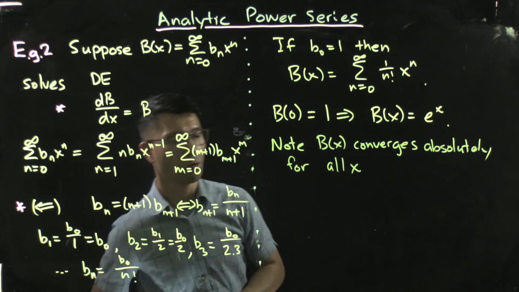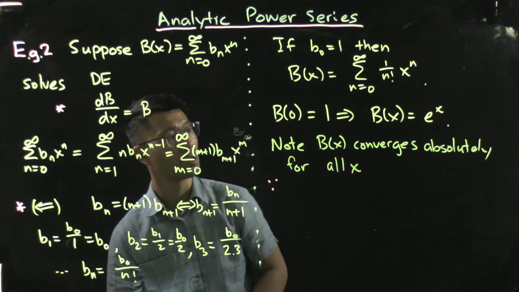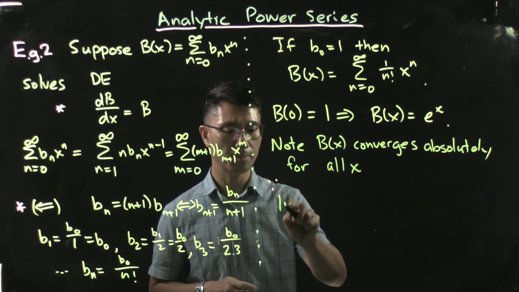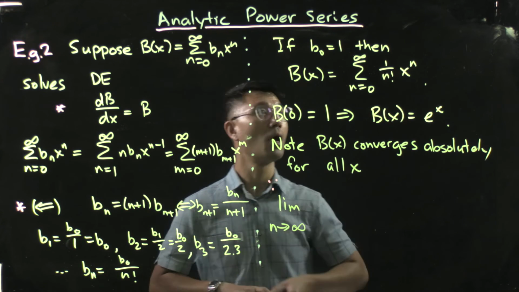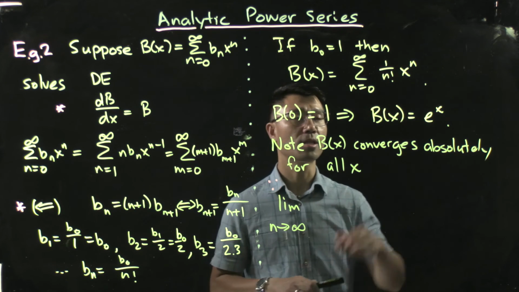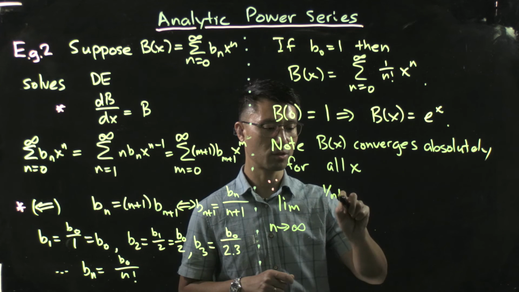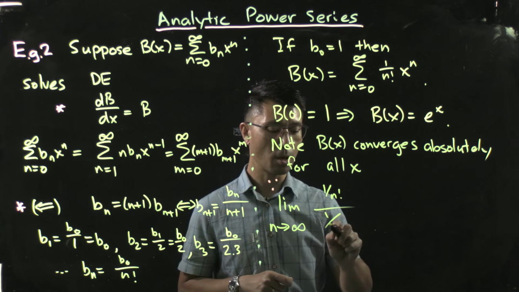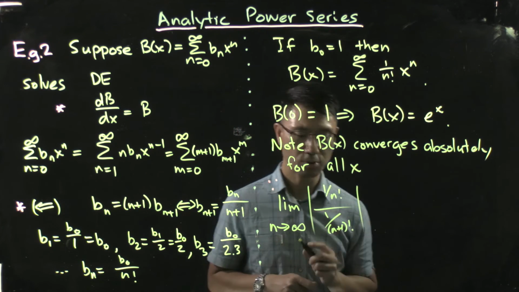To check that, you need to check its radius of convergence. So let's look at the limit as n goes to infinity of the absolute value of the nth term, 1 on n factorial, divided by the (n plus 1)th term, 1 on (n plus 1) factorial.